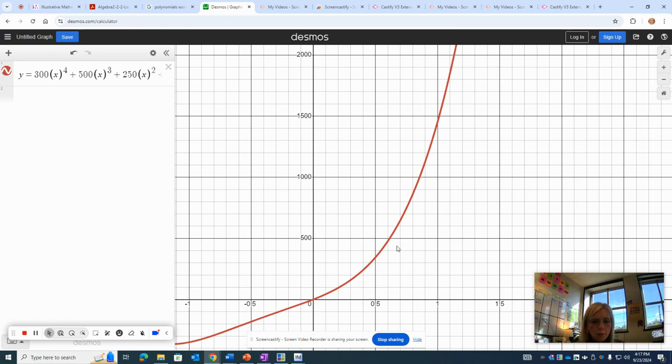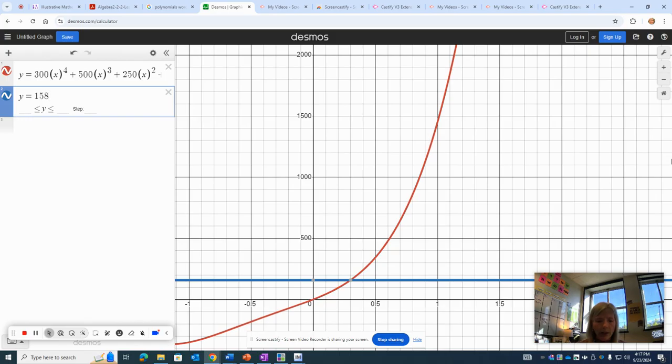So I could estimate, if I click points here, I can see that's going to be $437. Over here, that's going to be $1,117. So I can just click here. This is getting closer. But if I want to find the actual value, I'm just going to type in y equals 1,580.